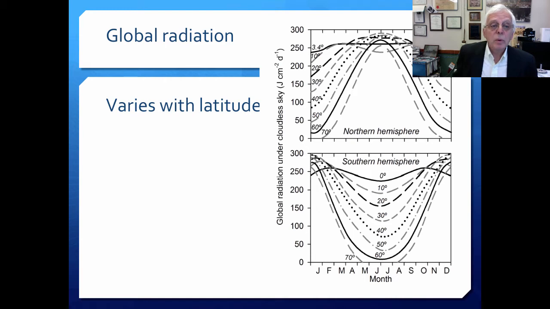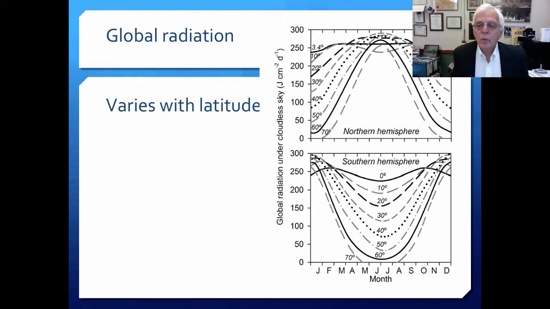Now here's the global radiation in the northern and southern hemispheres as a function of month. We saw a similar sort of thing when we looked at temperature. The temperature distribution throughout the year follows a great deal these same sinusoidal relationships, because, of course, light and the associated infrared radiation is one of the things that heats these aquatic systems.